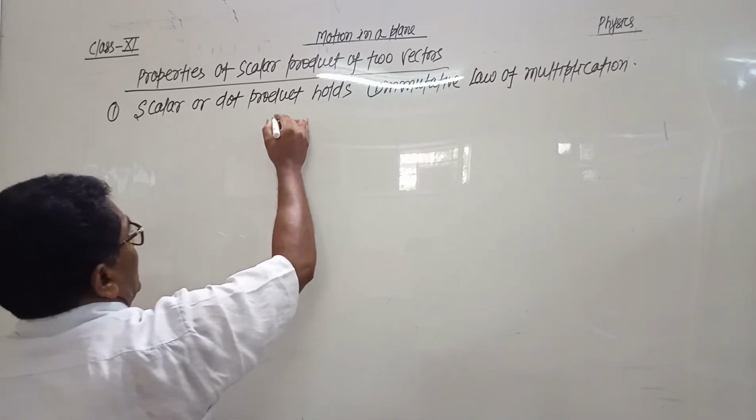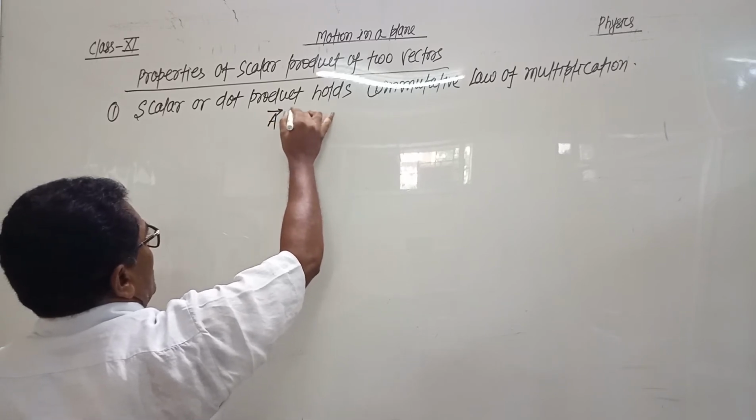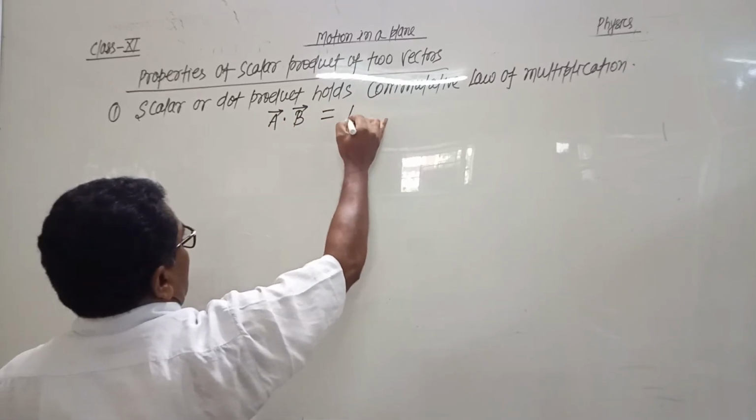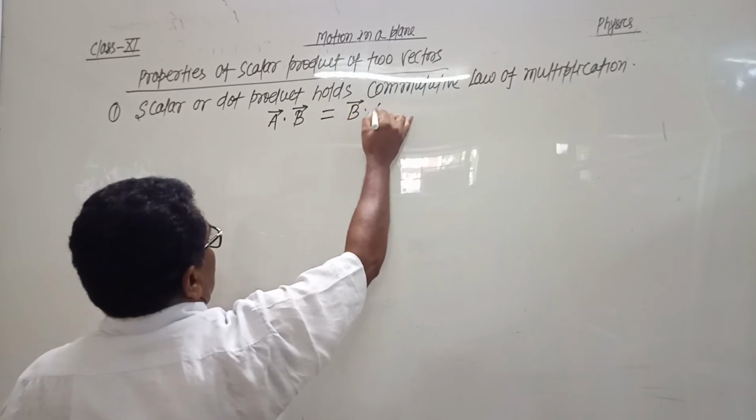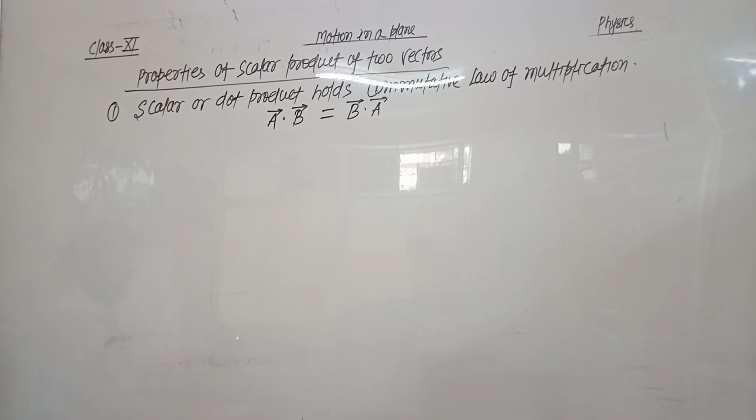It means if there are two vectors A and B, then A dot B must be equal to B dot A. This is the commutative law of multiplication.